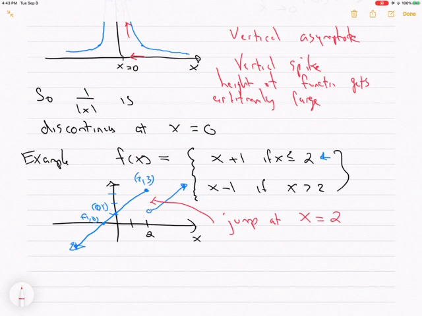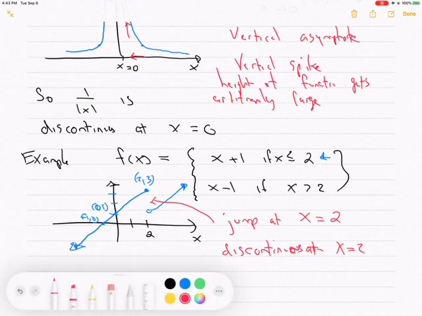And so again, this function is discontinuous at x equals 2.